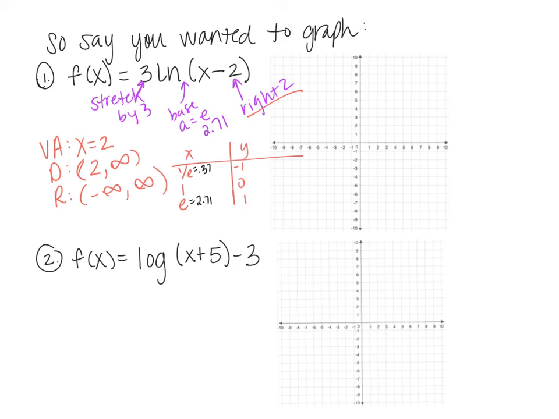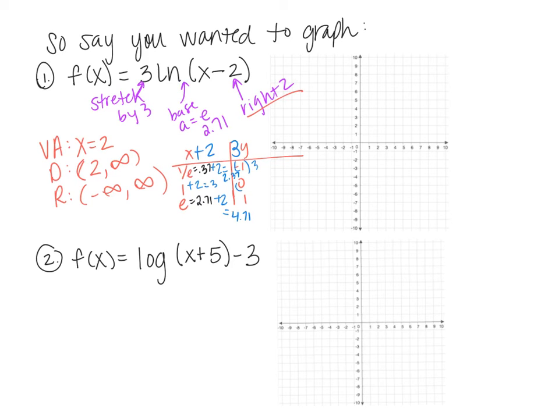So I'm going to transform these functions. Since I'm moving to the right 2, I'm going to add 2 to my x's. Since I'm stretching by 3, I'm going to multiply my y's by 3. Let's do that and see what values we get. Adding 2 to my x's gives me 2.37, 3, and 4.71.